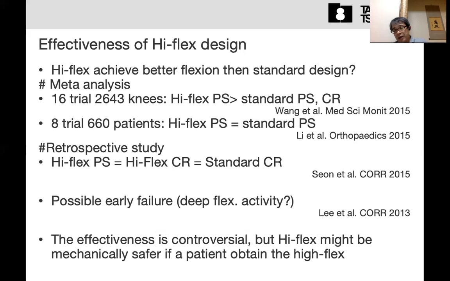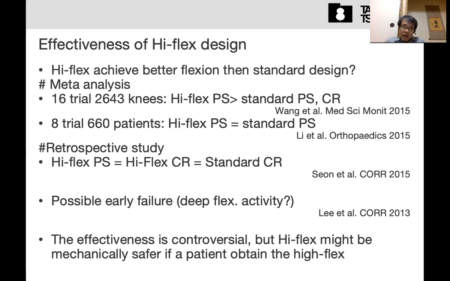Of course, this high flex design was designed for high flexion, but such high flexion activity can cause significant mechanical stress in both tibia and femur components that can cause early failure. But there is no report regarding a relationship between the high flex design and early failure.